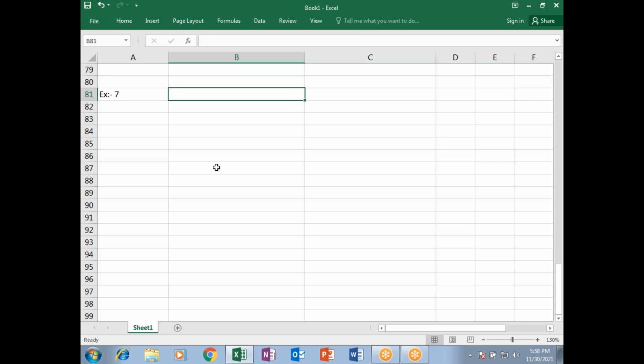When I have my nest amount, if I withdraw some percentage every year, how many months, how many years can I last? To find that out exactly, we will use the number of periods.